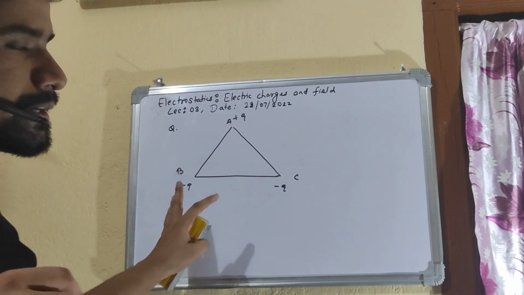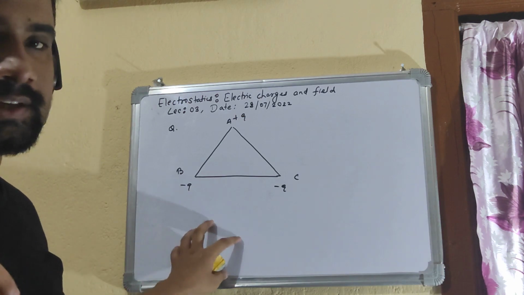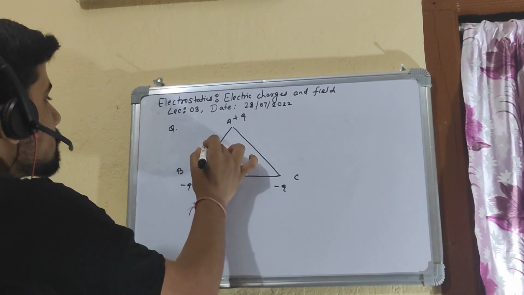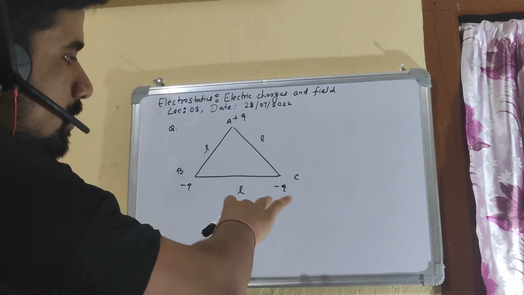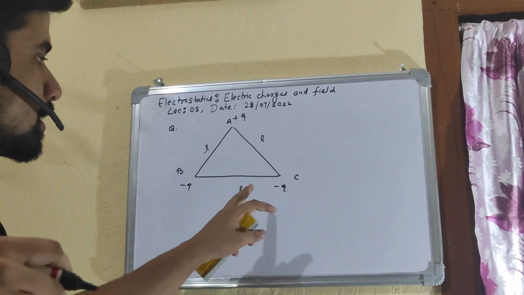We know that there are two forces here. One is because of the charge placed at B, which is minus q, and one is because of the charge placed at C, which is again minus q.